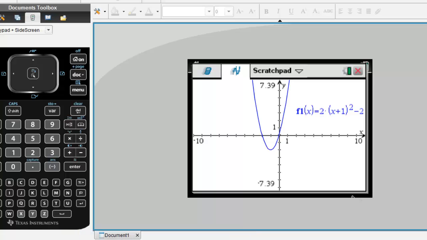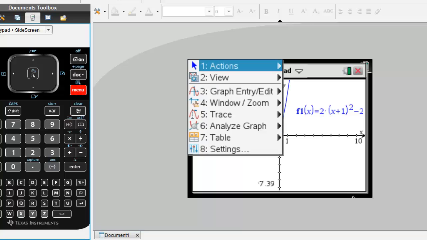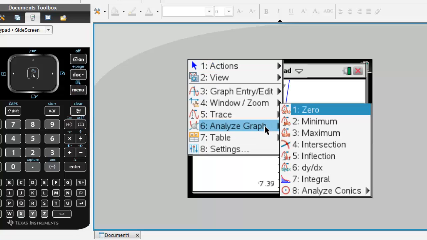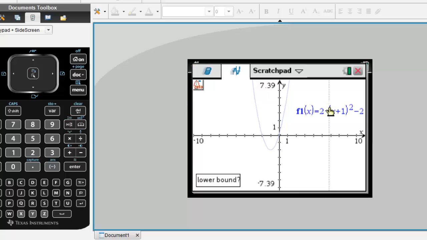Now, if I wanted to double check the zeros, I could use a menu function. And if you go to Analyze Graph, you can do Zero. Now this is going to require you to pick a left bound and then a right bound. Now, here's the thing. Notice when I bring this over, it will not give me both of the zeros at the same time. You can get it in one range there, and then of course it moves over to the other one as you get to the other side.